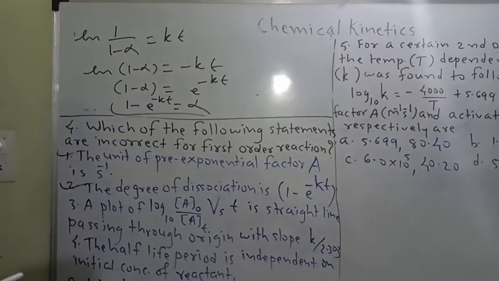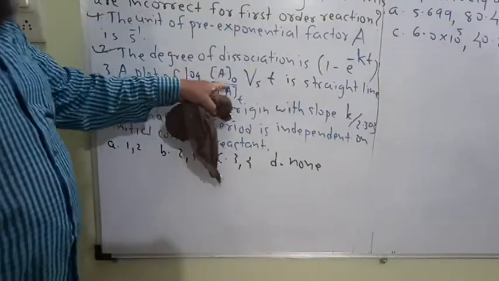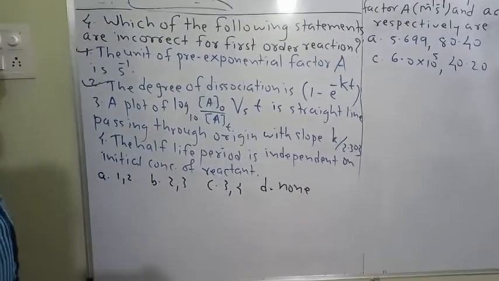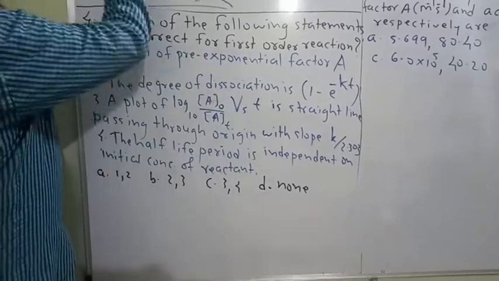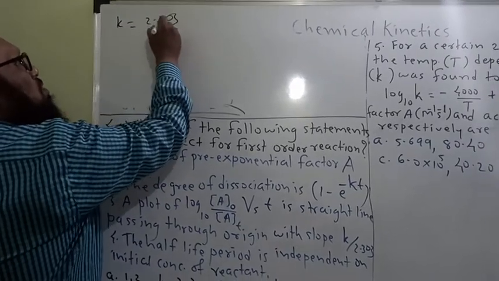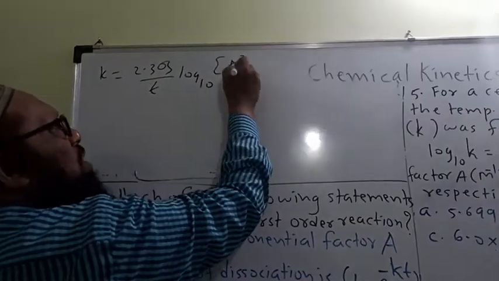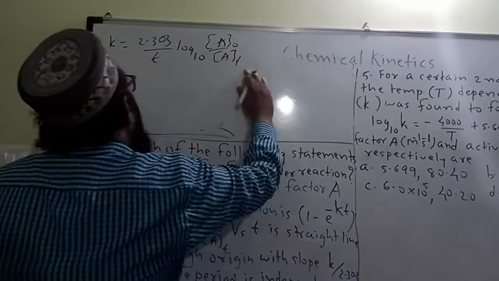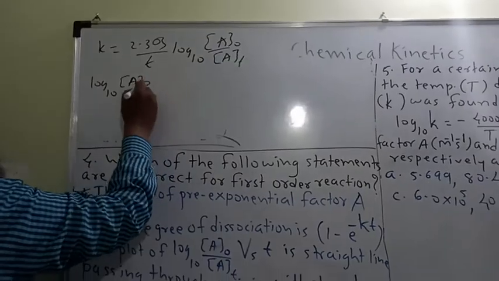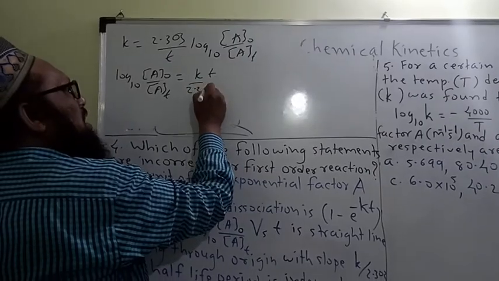Then point number 3. A plot of log to the base 10 a0 upon at versus t is a straight line passing through origin with a slope k upon 2.303. Let us see. What is the first order rate expression? k is equal to 2.303 upon t log to the base 10 a0 upon at. So log to the base 10 a0 upon at is equal to kt upon 2.303.